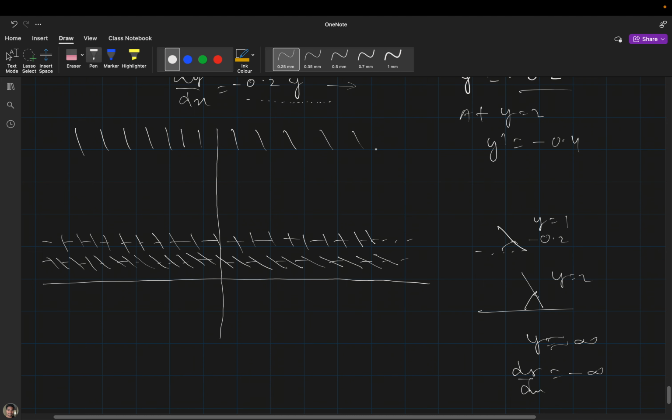Now what I will do is I will draw a curve from all y, then you will see that the graph will be something like this.